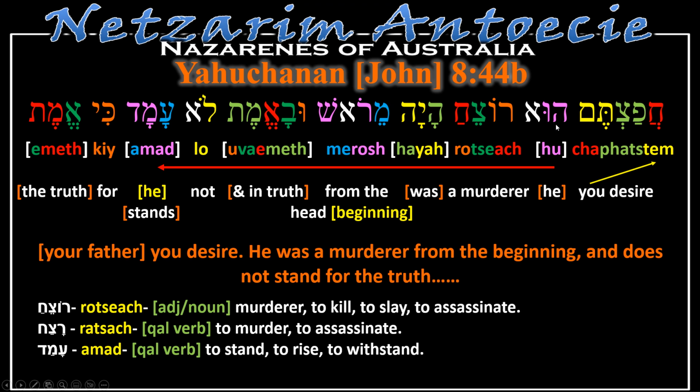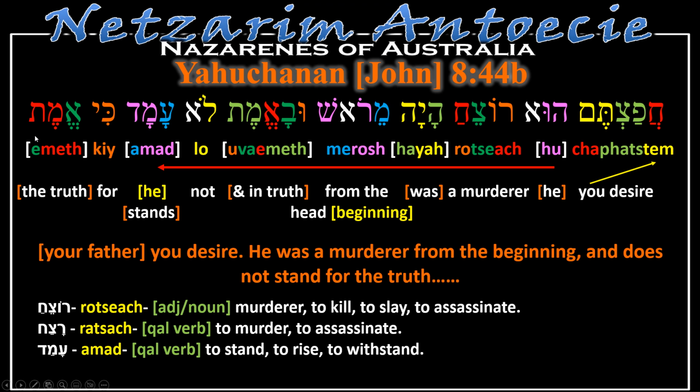Who? He, or he is, rotseach, meaning a murderer. So, haya, he was, me'rosh, from the head, which literally means the beginning, u-va-emet, and in truth, because emet means truth, lo amad, not he stands.